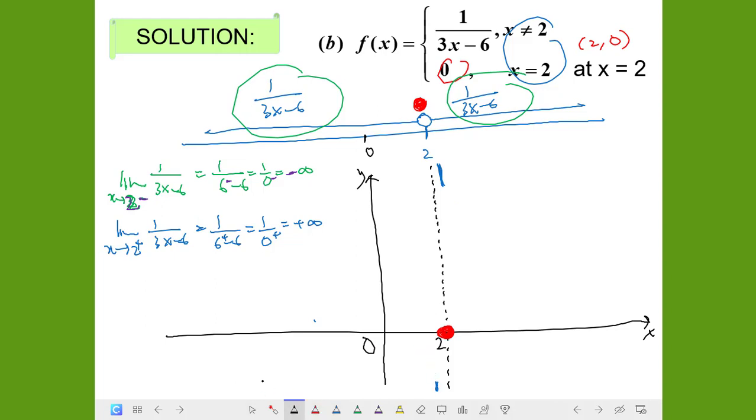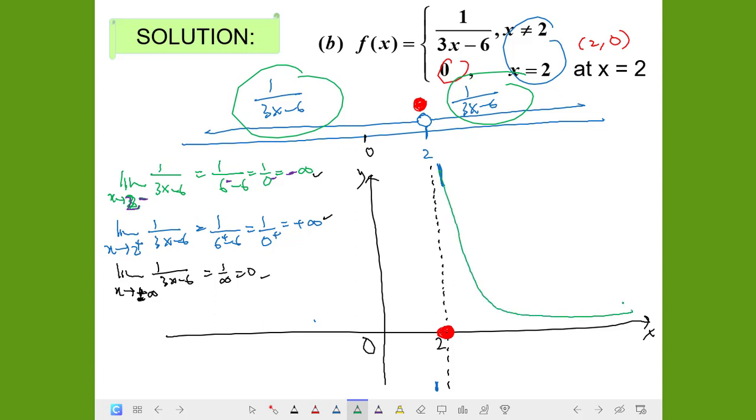And what happens when x approaches negative infinity or positive infinity? 1 over 3x minus 6, substitute: 1 over infinity is 0. Negative infinity is also 0. So this is an asymptote, and this is an asymptote. Now you can sketch the graph, which is like this.